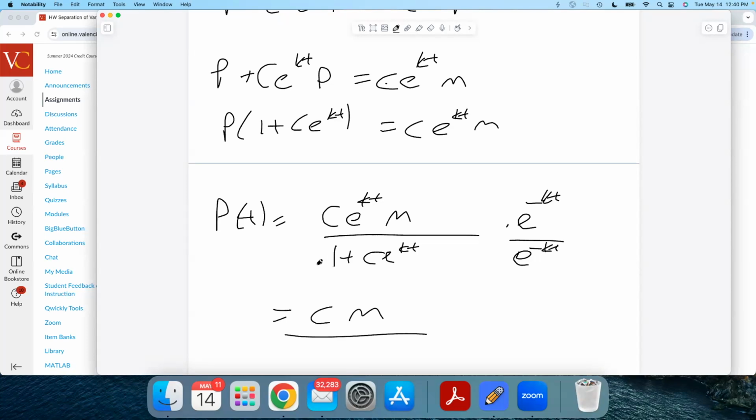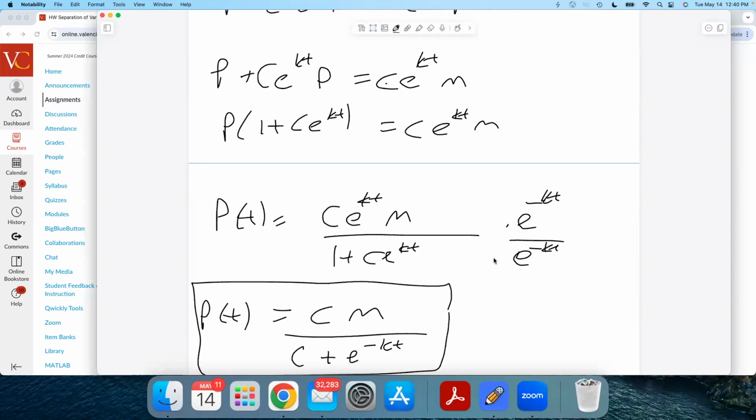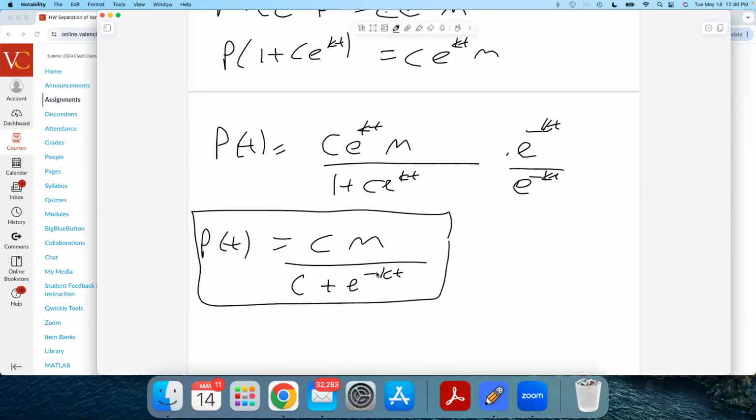Then I'm going to swap my order here. This and this will cancel out, giving me 1, or just C, plus e to the negative KT. Depending on which C we were using, you might even see different versions. We get some model that has this form.